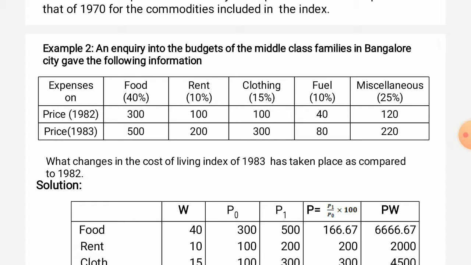These are the weights. So the given percentages of expenditures are to be treated as the weights. And the base year price 300, 140 and 120 are given. Base year price means P0, and current year price P1 is equal to 500, 200, 300, 80 and 220.